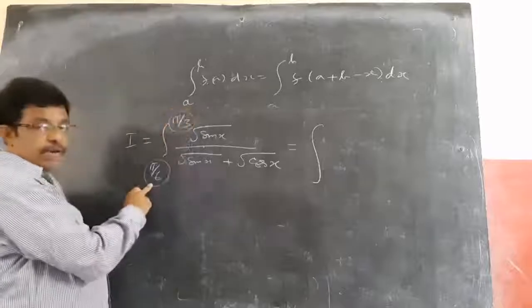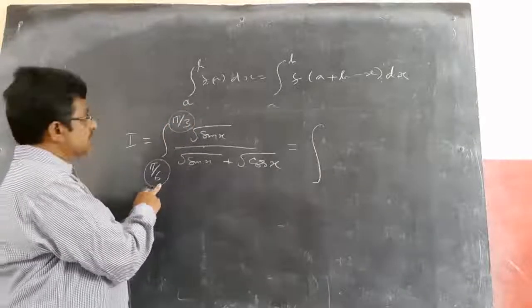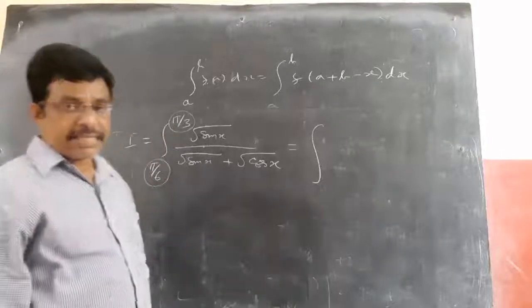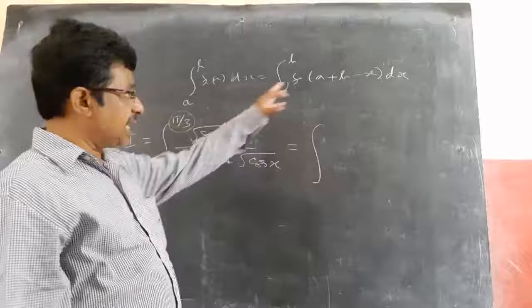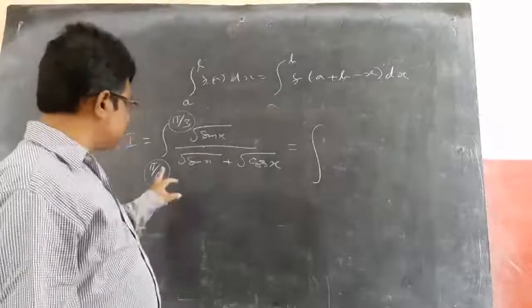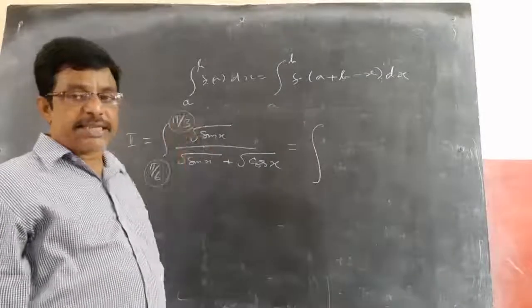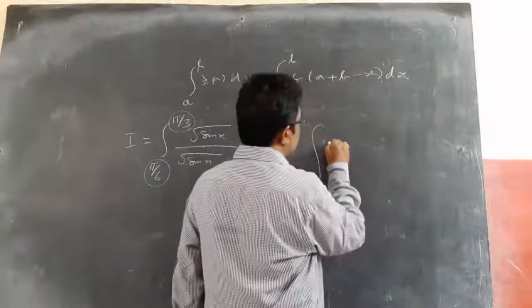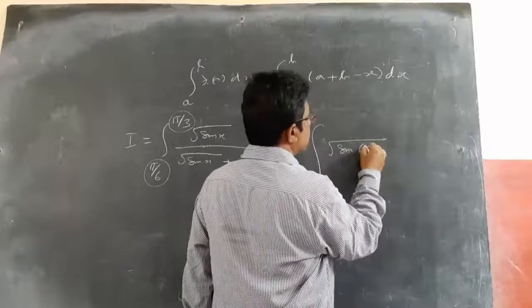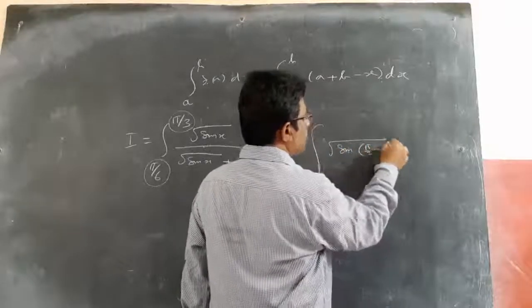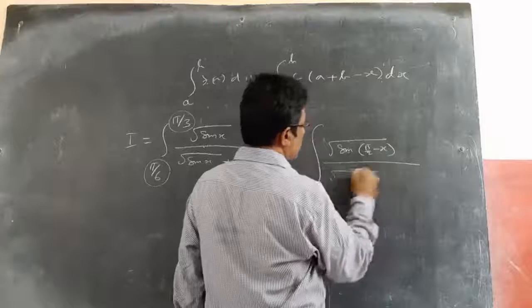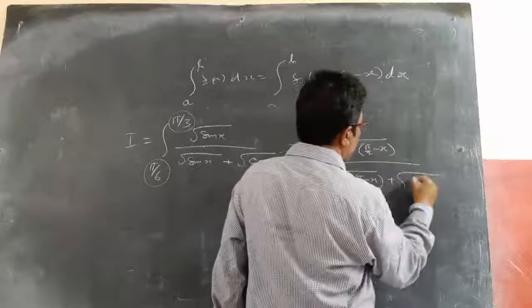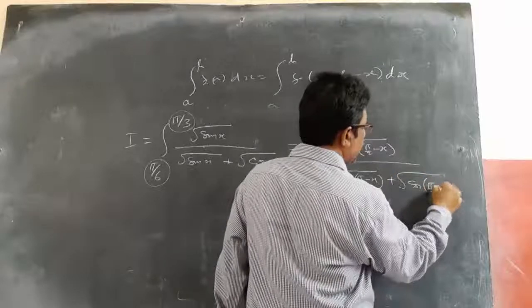What is a plus b here? Pi by 6, 30 degrees, plus pi by 3, 60 degrees, means pi by 2, 90 degrees. So wherever x is there, I write pi by 2 minus x: root of sin of pi by 2 minus x, by root of sin of pi by 2 minus x plus root of cos of pi by 2 minus x.